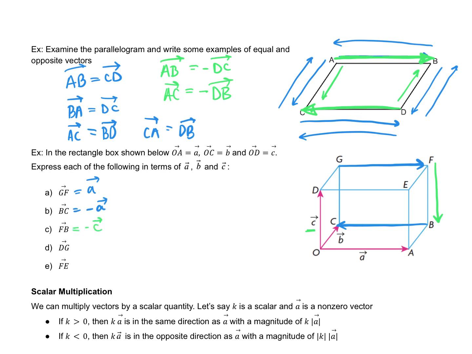So that's negative vector C. DG is right here, copy paste of B. And finally, FE is this right here. Looks the same as B, but wrong direction. So negative vector B. So looking at your diagrams, reading the directions carefully is very important.